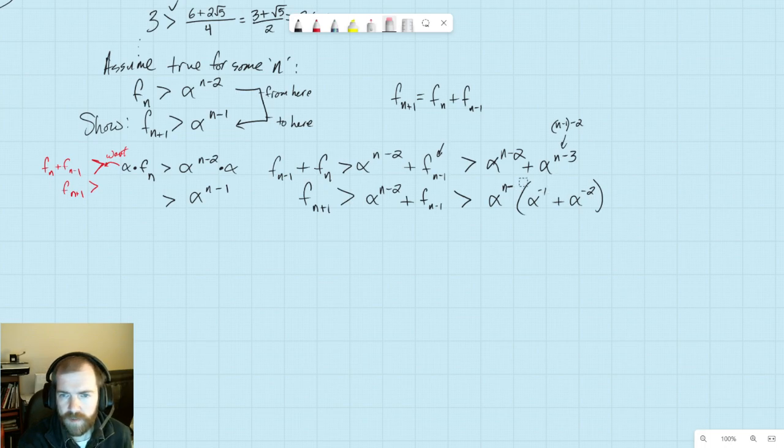Take out n minus 2. We'll be left with 1 plus alpha to the negative 1.